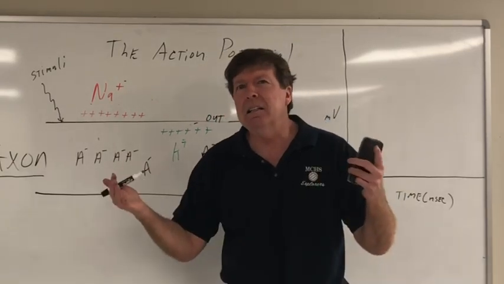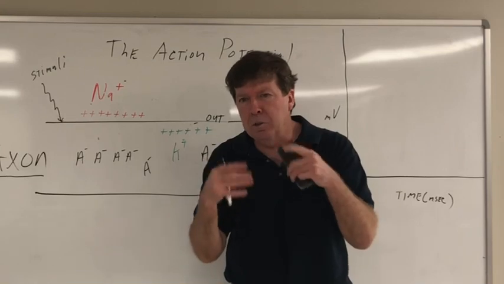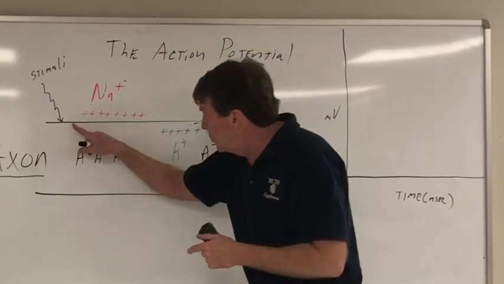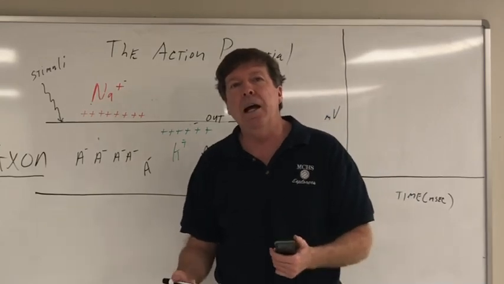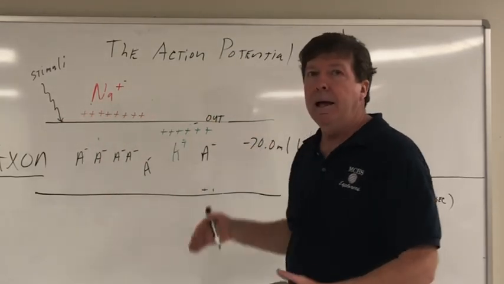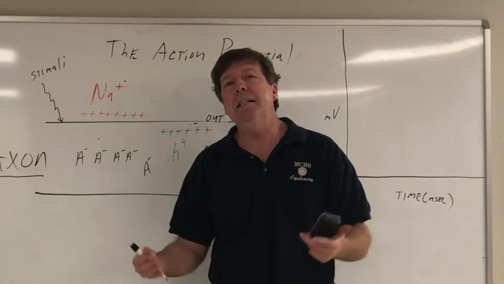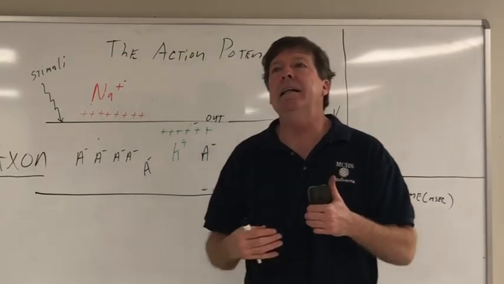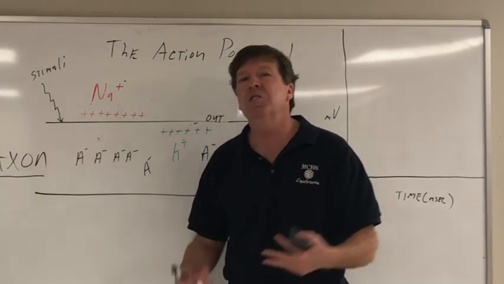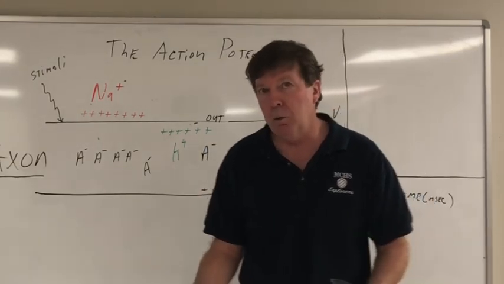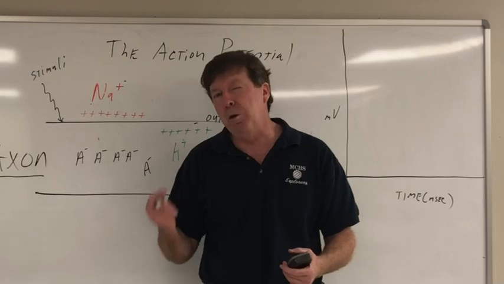What is that stimulus going to do on the surface of that axon? Well, if you recall, this is a cell membrane, and cell membranes have proteins, and these proteins can do any number of different important things. Some of them are enzymes, some are cellular adhesion molecules, some are voltage gates.